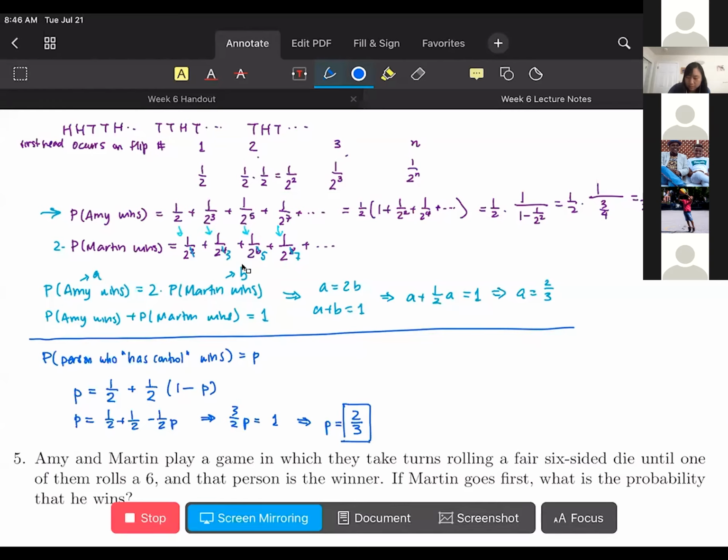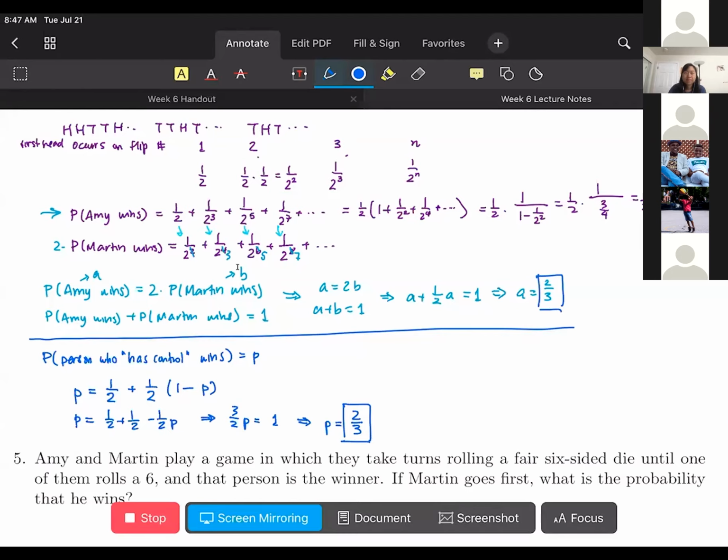So these are three ways that we can solve this problem. Any questions or thoughts?